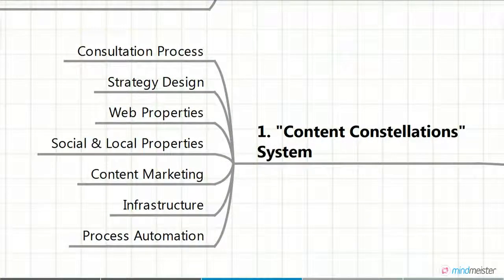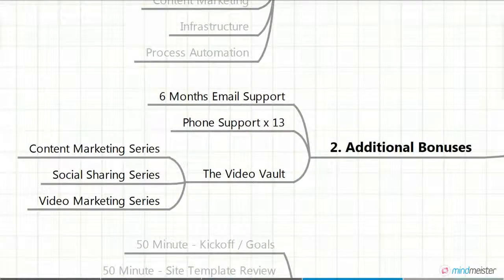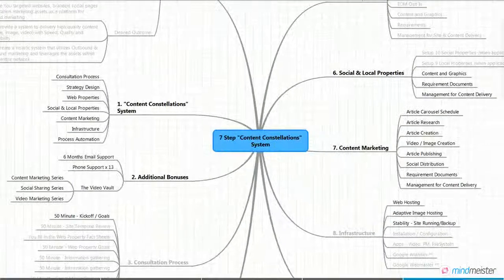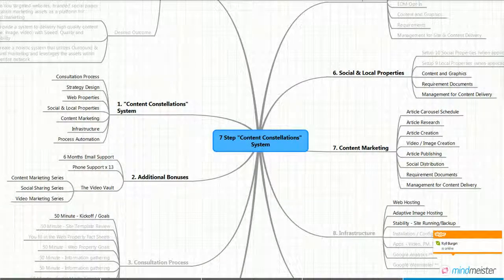I then listed all the major areas that I knew I would need for the system, did some additional bonuses like free videos, marketing series, stuff like that, and then proceeded to flesh out all the different parts that I knew I would have to do as a business owner to get this system going and working for the target customer.